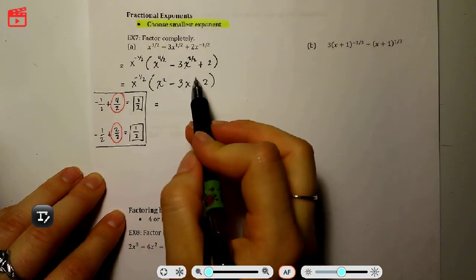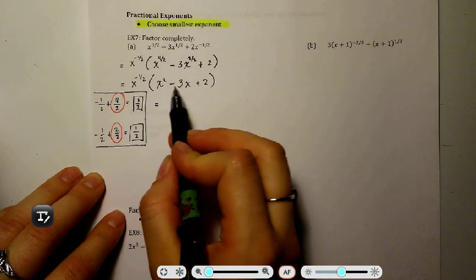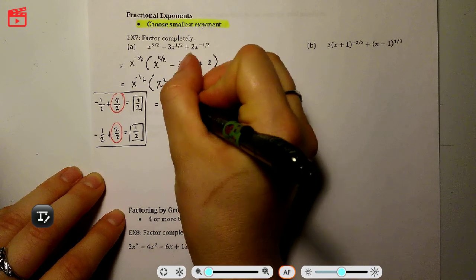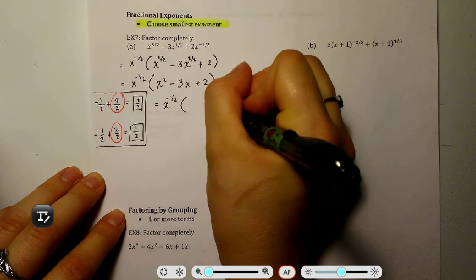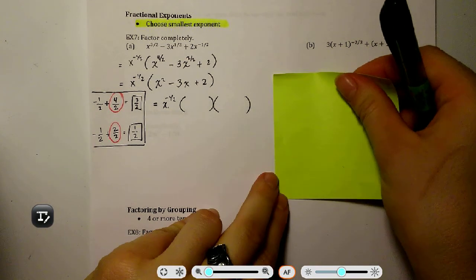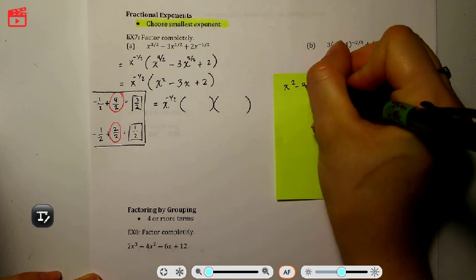All right, continuing down to this side. When I look at this, I need to ask myself, can I factor this further? Well, this is a trinomial here. So can we factor this trinomial? Let's go ahead and give it a go. This time I will bring out my sticky note so I don't mess up my work. All right, so we're trying to factor x squared minus 3x plus 2.